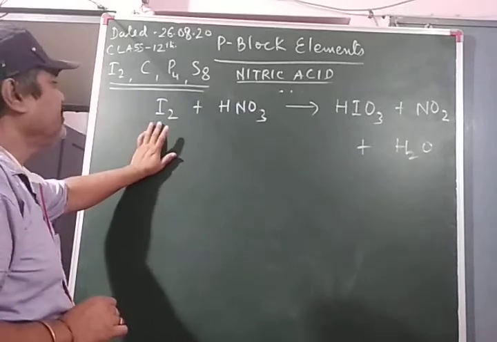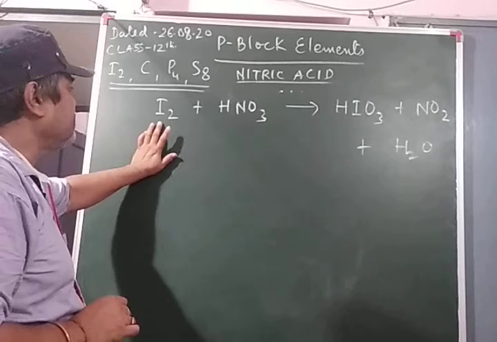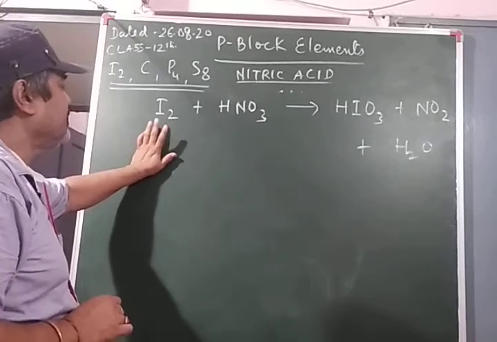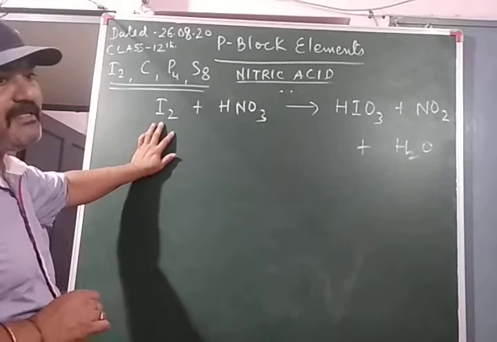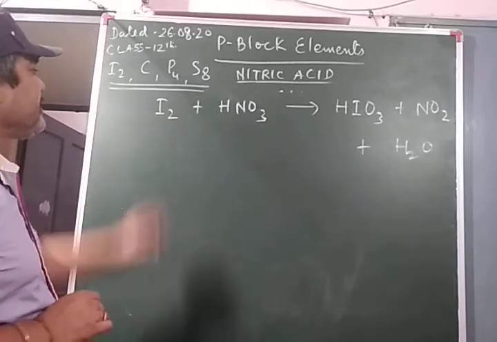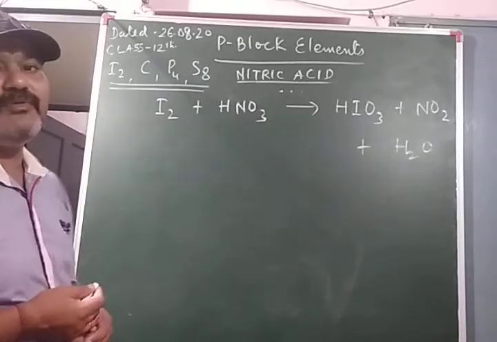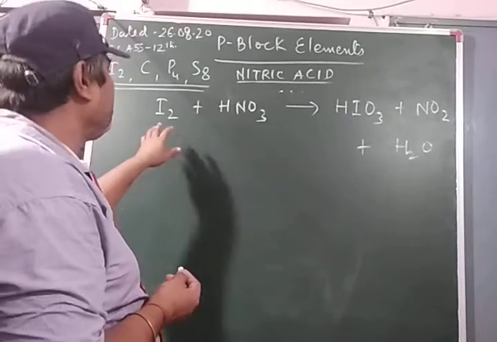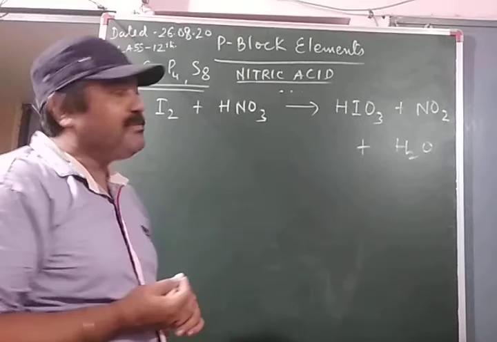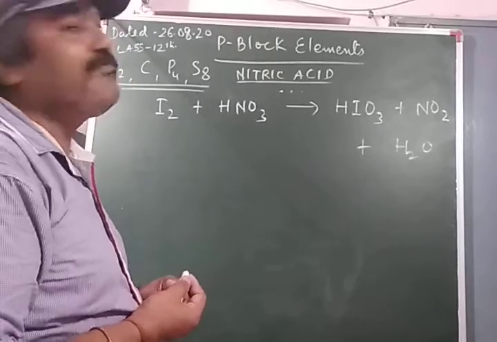So iodine is in the 17th group, so it can be compared with fluorine, chlorine, bromine. The outer electronic configuration of iodine will be similar to that of fluorine.